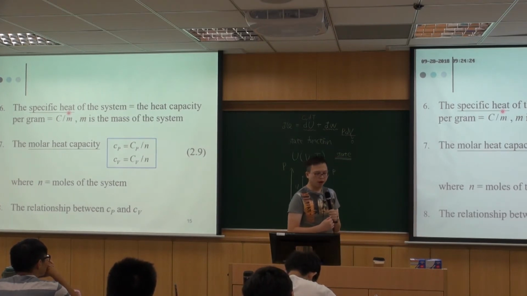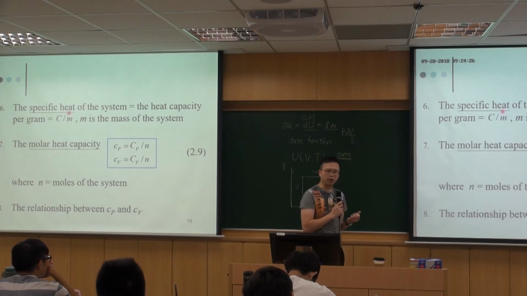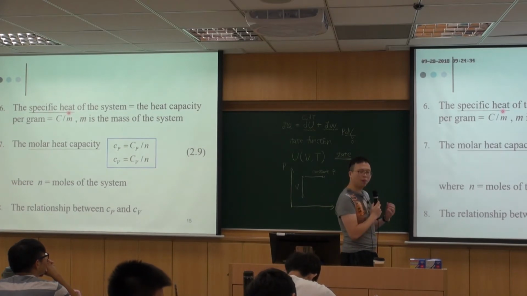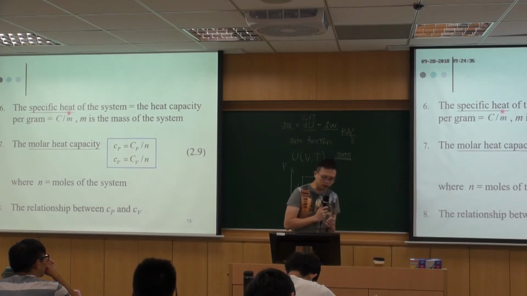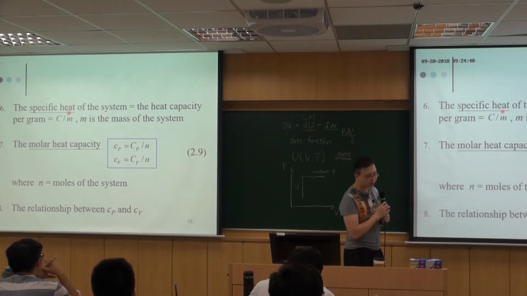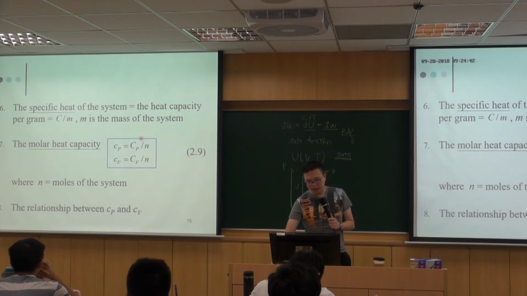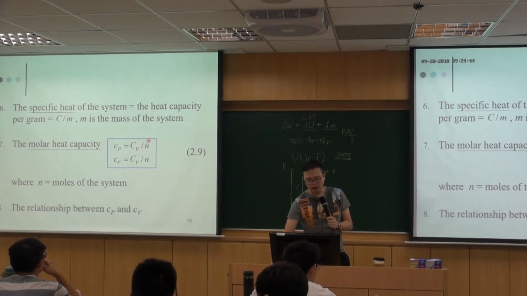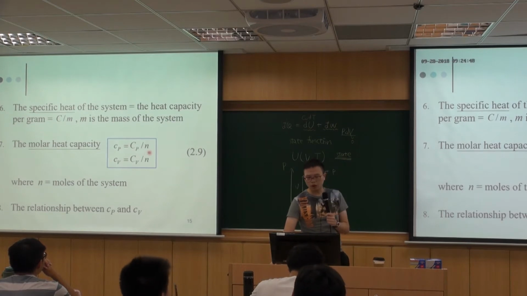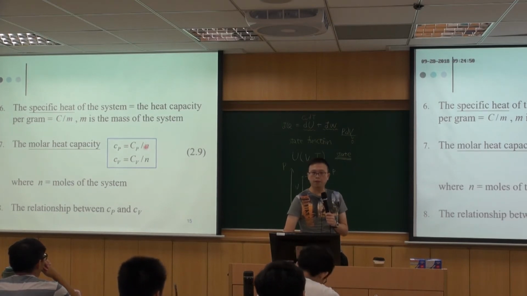Okay? And another way to get rid of the size effect is to divide the heat capacity by how many particles are in your system. So you can normalize this heat capacity by the number of particles in your system, or how many moles in your system.